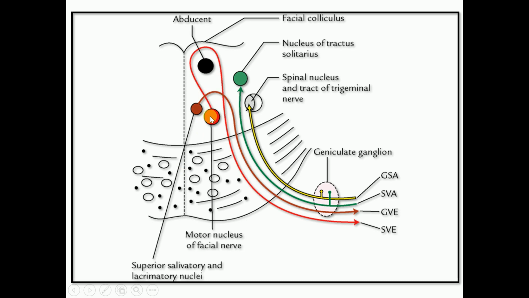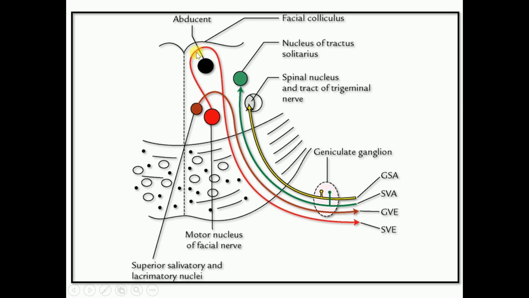Now motor fibers which arise from the motor nucleus of the facial nerve wind around the abducens nerve nucleus. So they pass posteromedial to the abducens nerve nucleus, then abruptly wind round and enter the lower part of the pons.